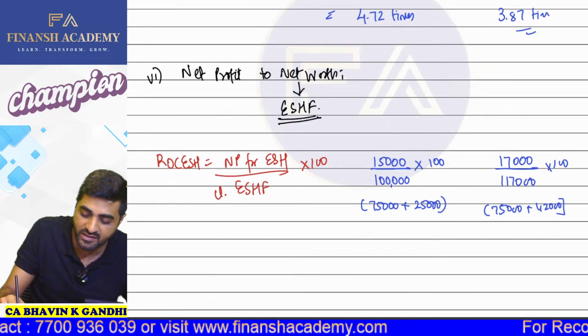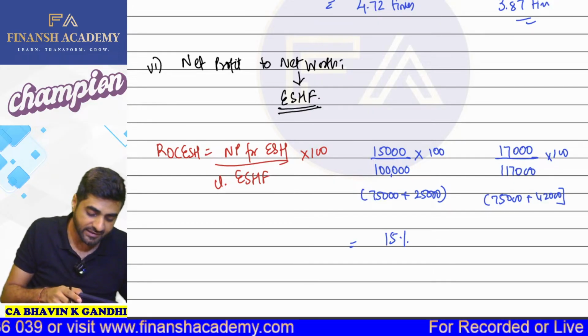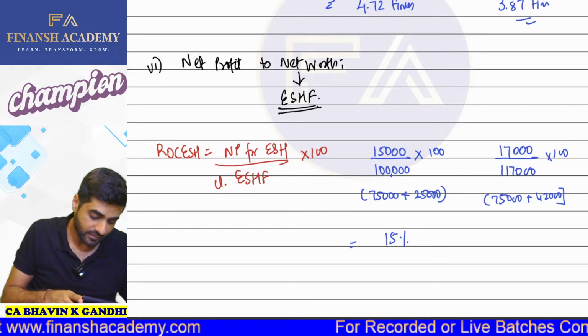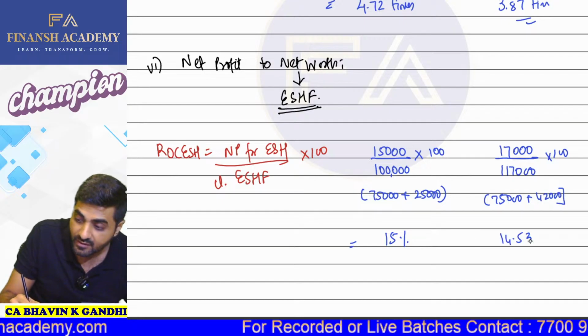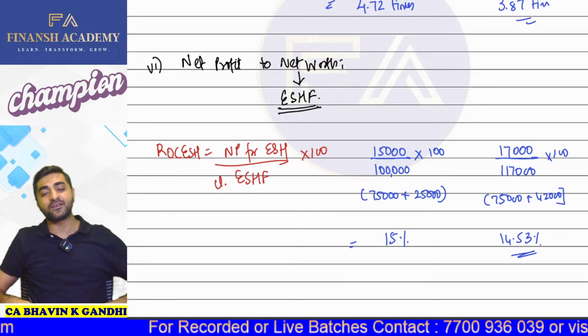So eventually, guys, what is this ratio? Can I say this is 15% and this is 14.53%? So is this your return on equity shareholders funds or your net profit to net worth?